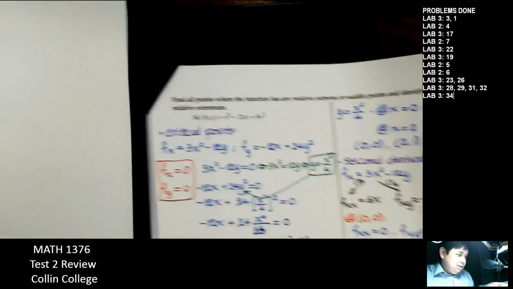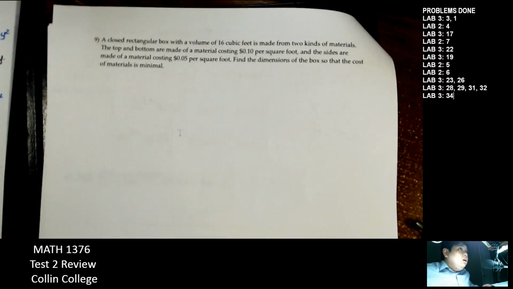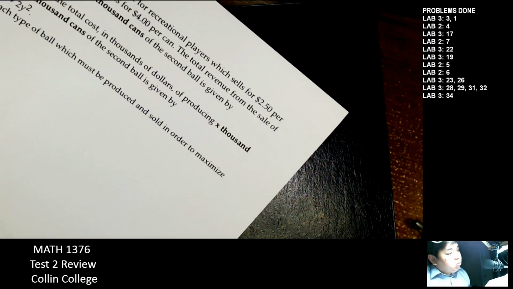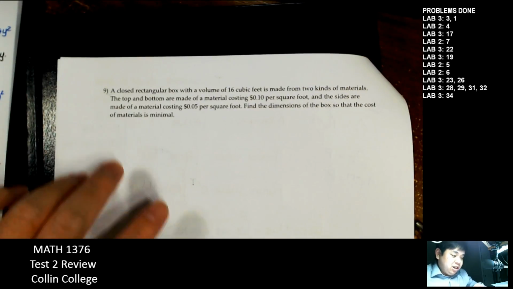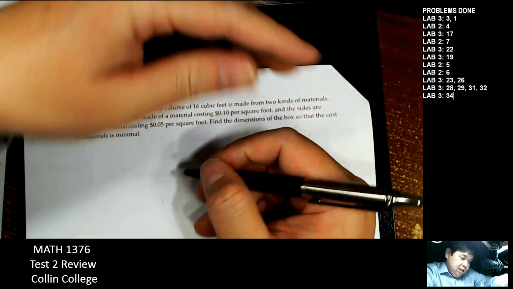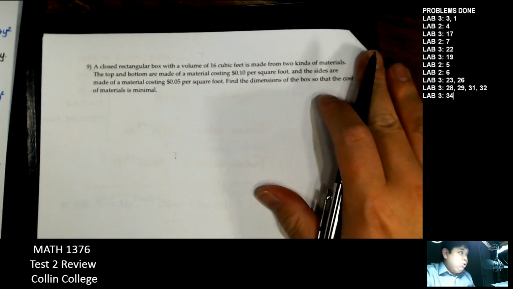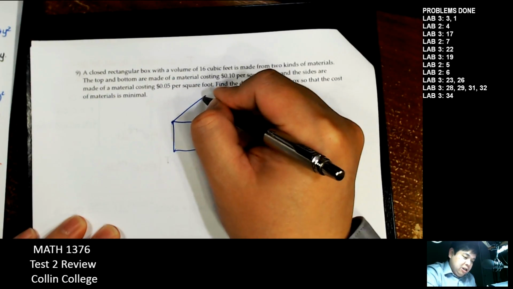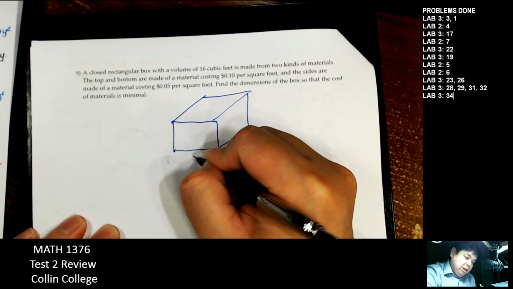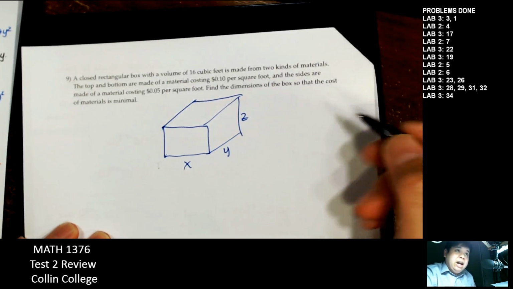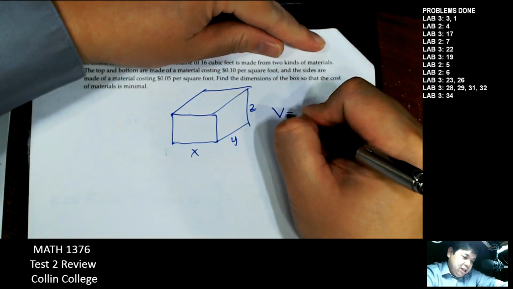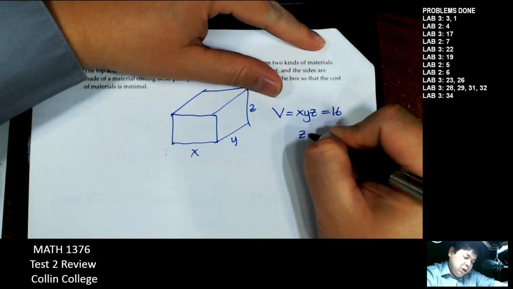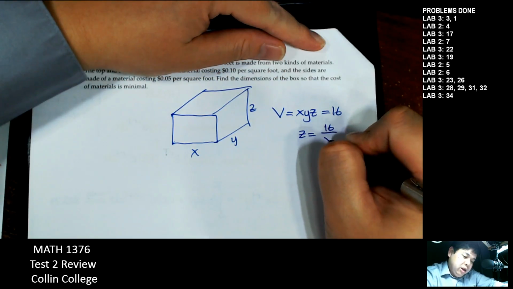Right. Next, I'm looking at either number 9 or number 10 in the problem, and I see that for sure number 9, we're not going to do this number 9. I'm going to omit this problem, but we have the box, and it has 3 variables, and the volume xyz equal to 16, so z is equal to 16 over xy.